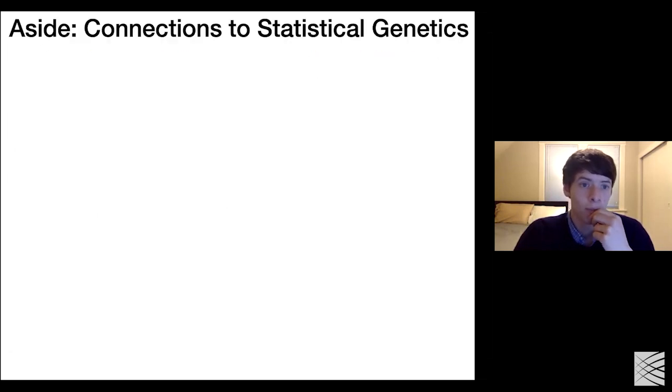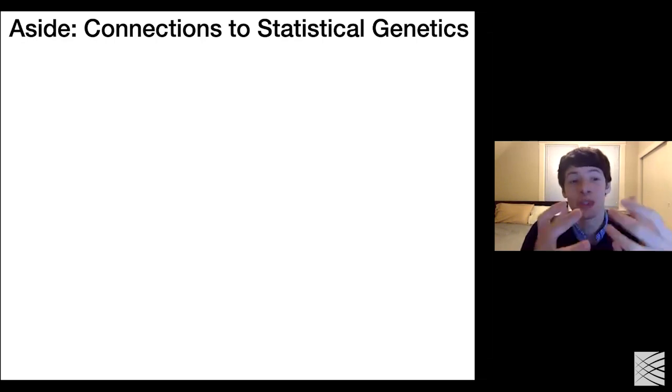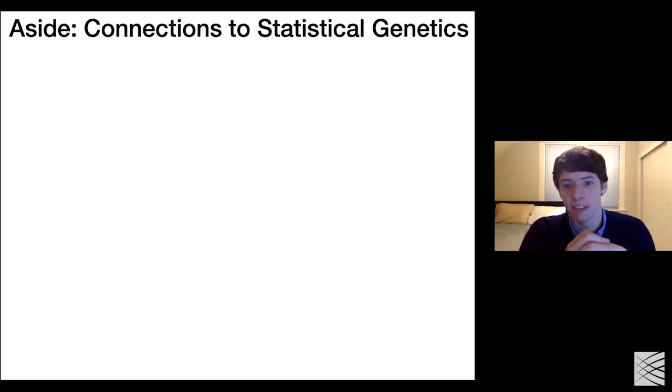And I'll get into inference soon, but I wanted to pause to give this aside on connections to statistical genetics and this idea of genetic correlation. This previous work has come from questions around to what extent correlations between different traits are explained by similar underlying genetics.